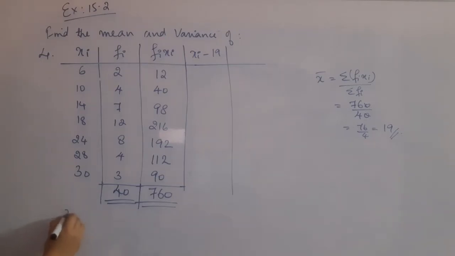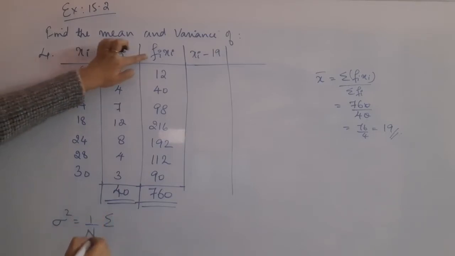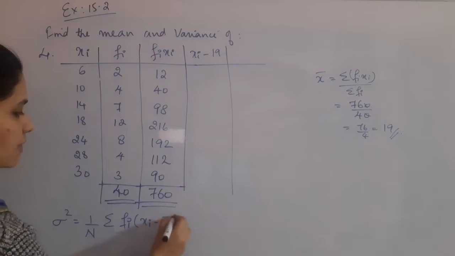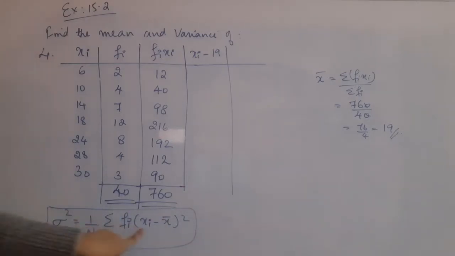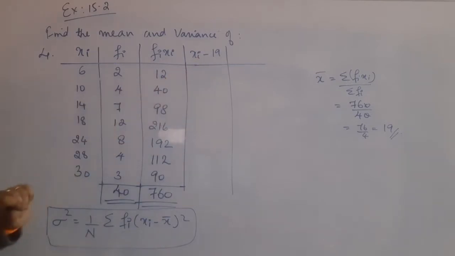It was 1 by n into mean of the deviations. Deviations in the sense, if you have Fi or frequency given, it is Fi into Xi minus X bar the whole square. So this is what we are now using. So we need Xi minus X bar first, and then its square also.